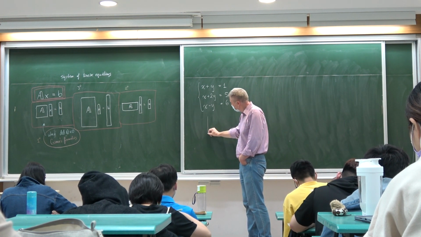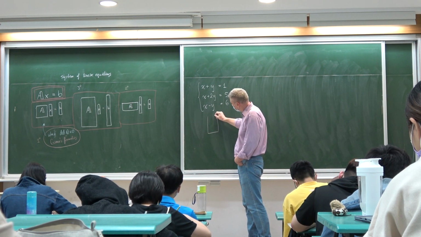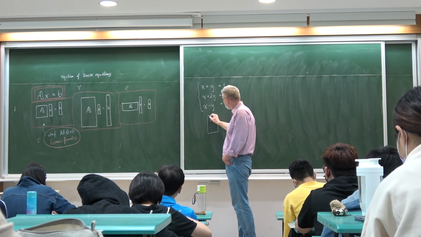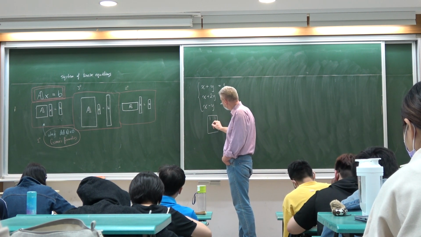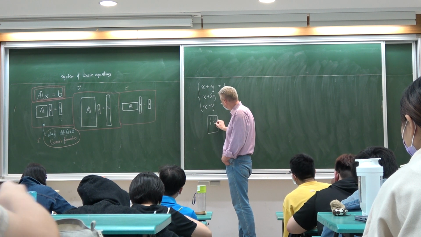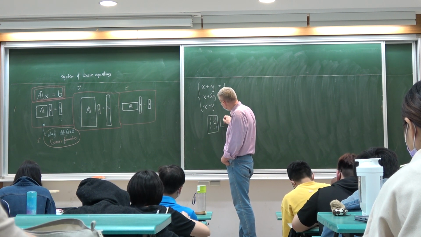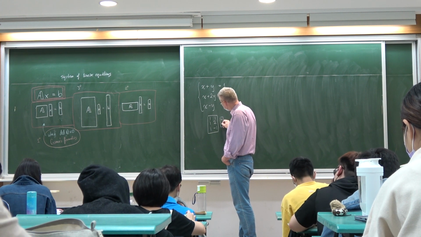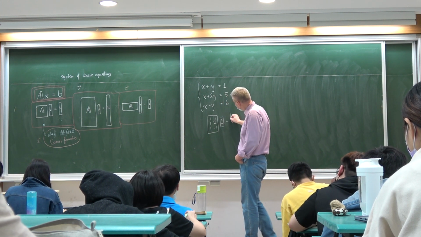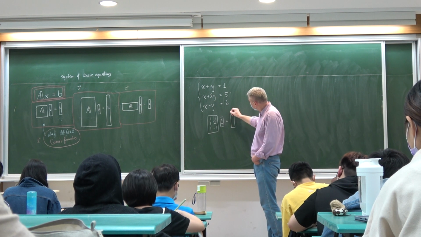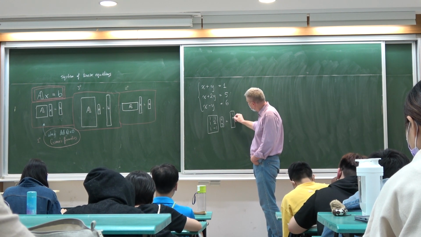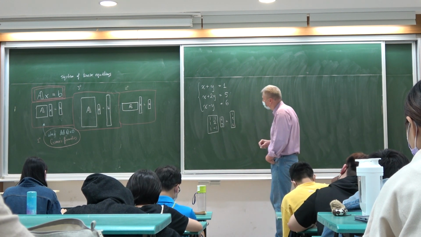That means the matrix 1, 1, 1, 2, 1, minus 1, times x, y equals 1, 5, 6.